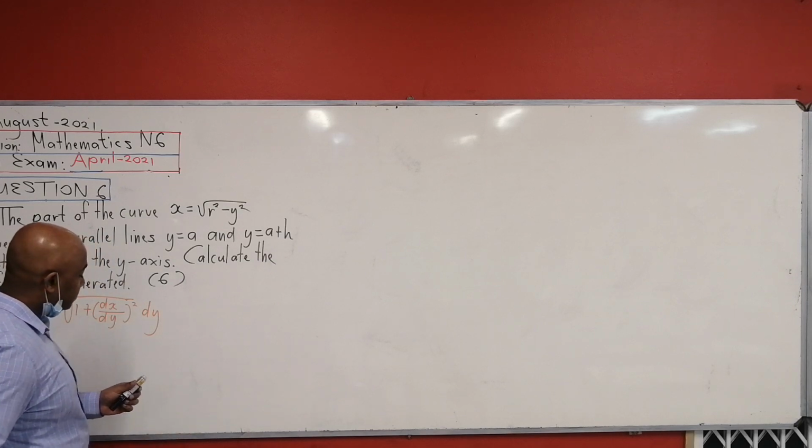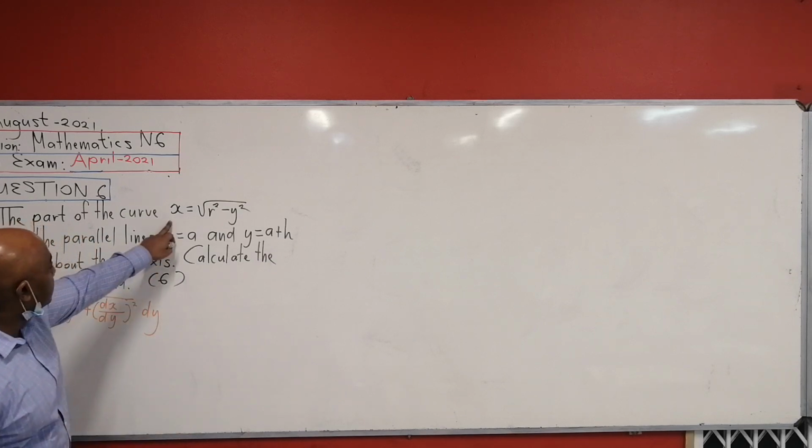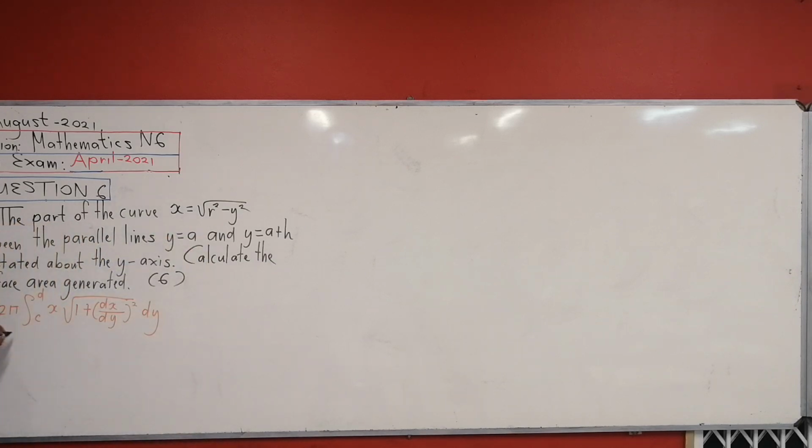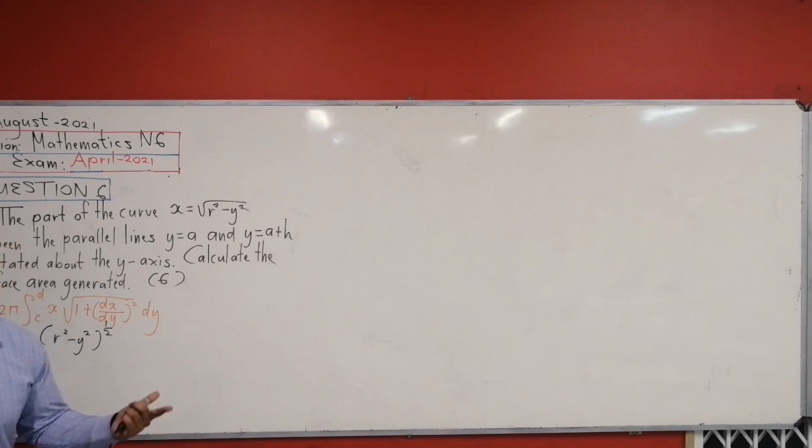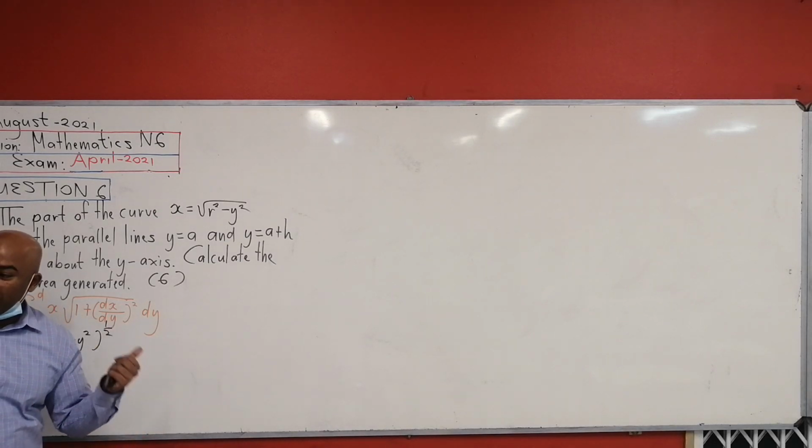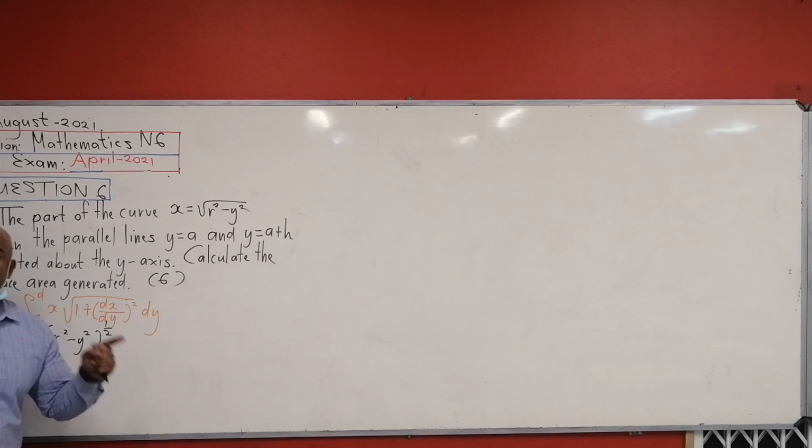So now I have x equal to (r squared minus y squared) all raised to the power half. Now if I go dx/dy, I'm differentiating with respect to y. I will have to use the chain rule because I have a power which is a number.